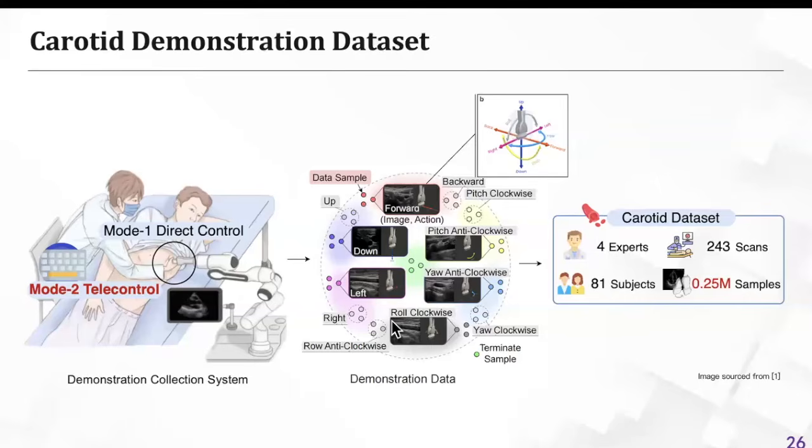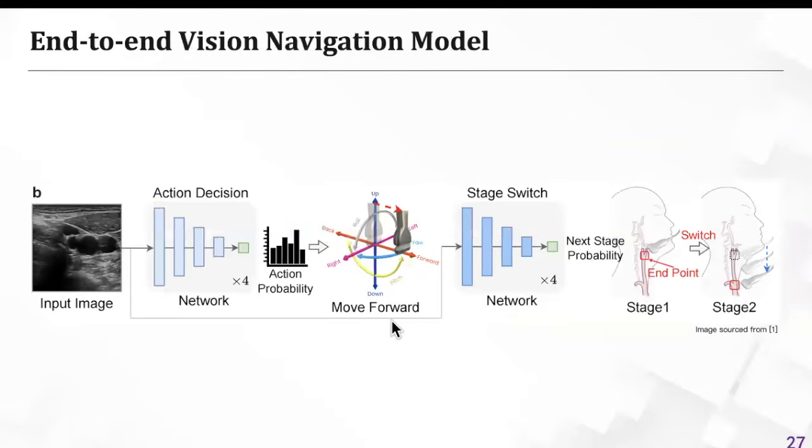That makes sense. My second question, before I pass it on to others, is in your neural network setup, could you just describe once again what the input space and the action space are? For the carotid artery, the input is only the ultrasound image. For the carotid artery, making decisions based only on the ultrasound image is enough.